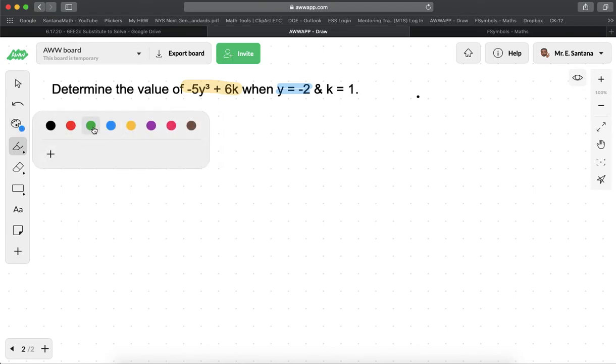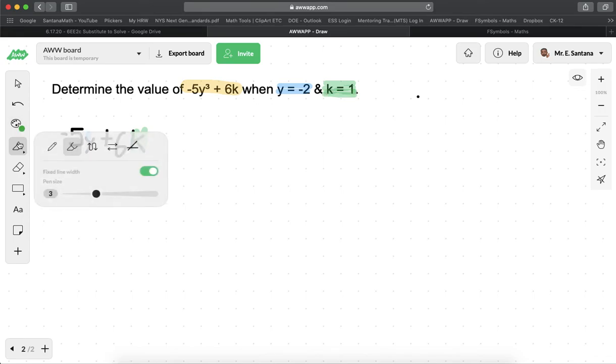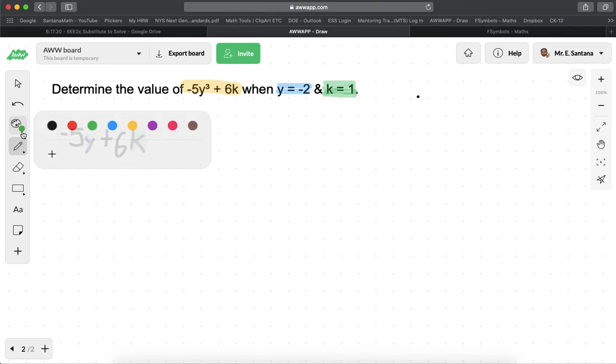And we're going to be replacing k with the value of 1 because it says k equals 1. Okay, so let's rewrite that the way it needs to be.